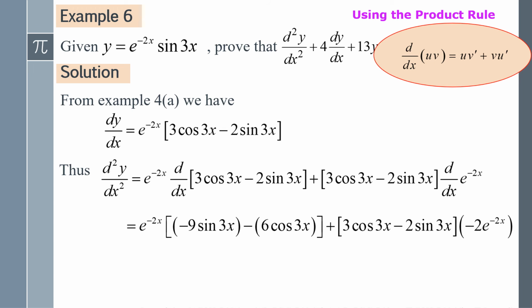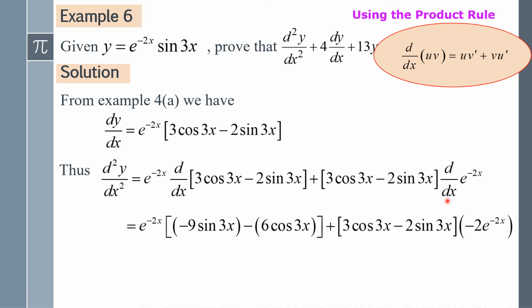Differentiating this, we get negative 9 sin 3x minus 6 cos 3x.